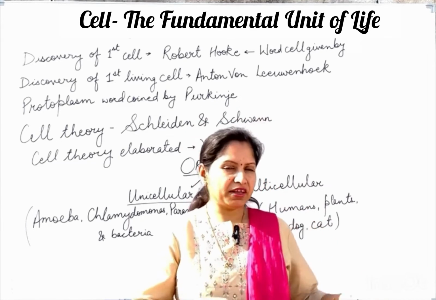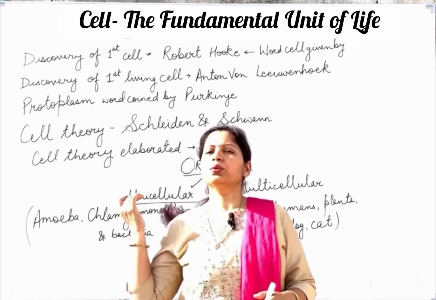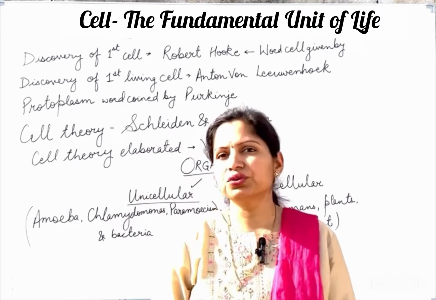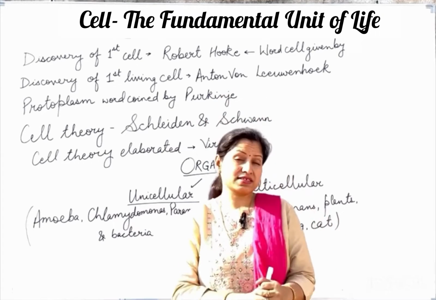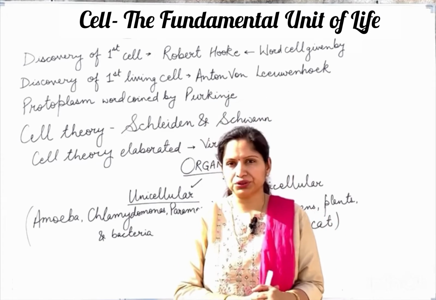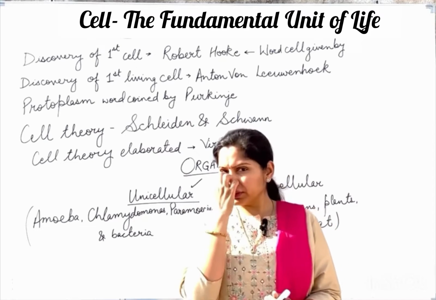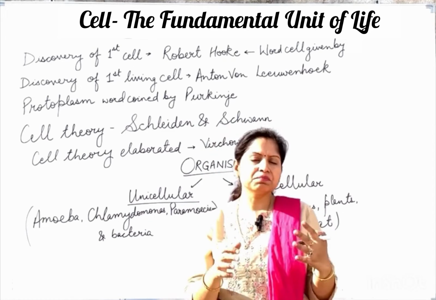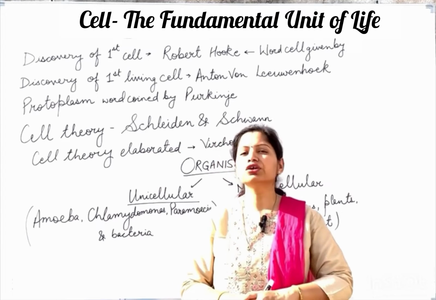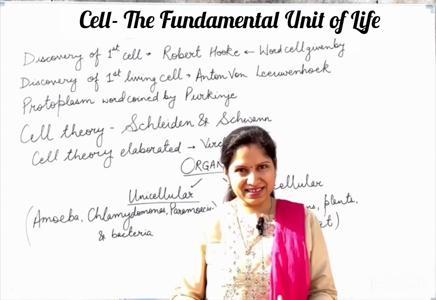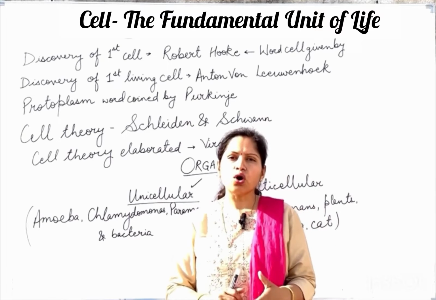Okay, so we'll read about all that, but let's start with basic things like who discovered the first cell. So, the first cell was discovered by Robert Hooke. But Robert Hooke did that with a very simple microscope. And the cell that he discovered was a dead cell because that was from the cork.